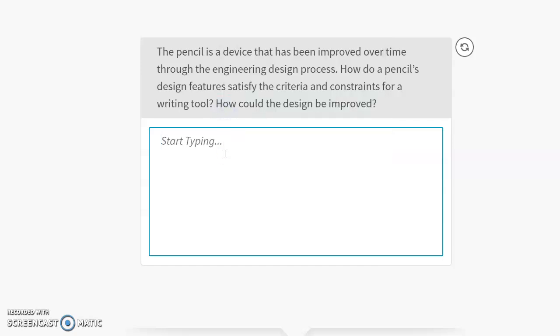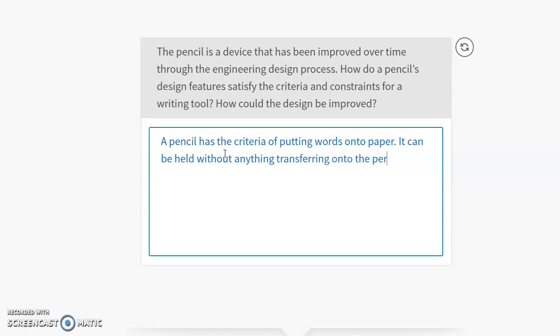A pencil is a device that has been improved over time through the engineering design process. How does that satisfy criteria and constraints of a writing tool, and how do you think it could be improved? Okay, a pencil has the criteria of putting words onto paper, right? It can be held without anything transferring onto the person's hand.